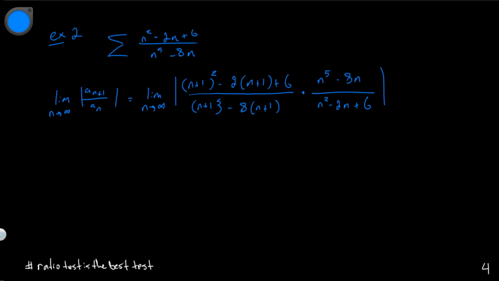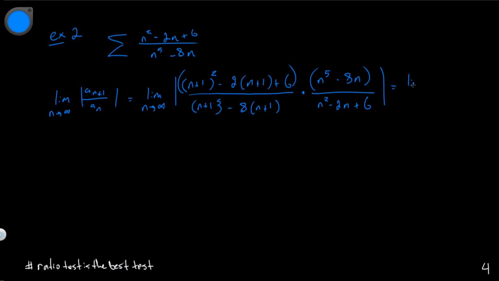Before we go distributing anything, let's just think about how to determine the limit of a rational expression: you look at its largest power, its leading term. So let's see. If I were to distribute everything, the top would have an n squared times an n to the fifth. The top would have an n to the seventh.